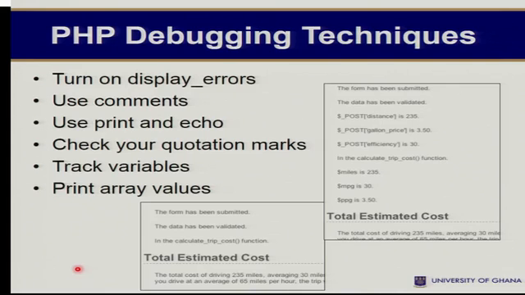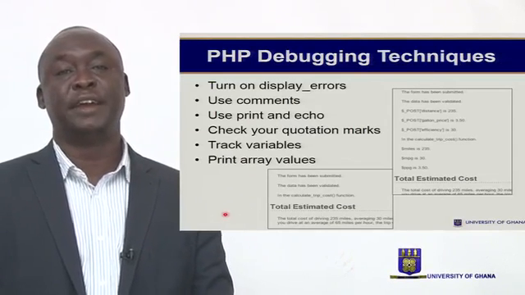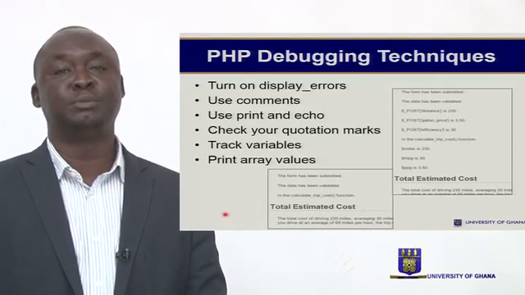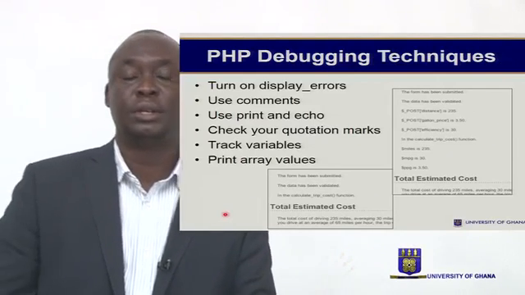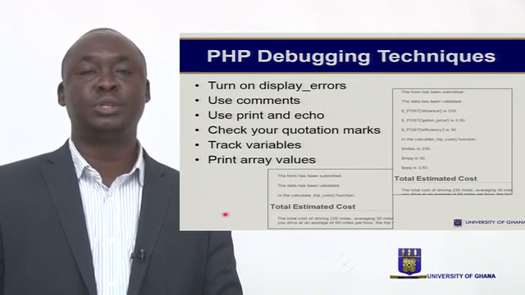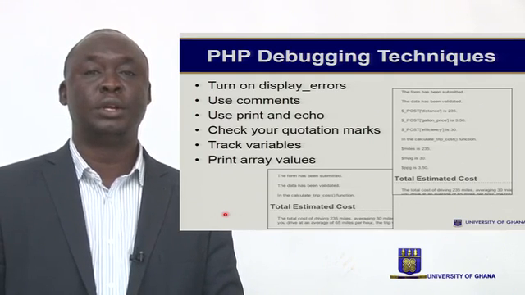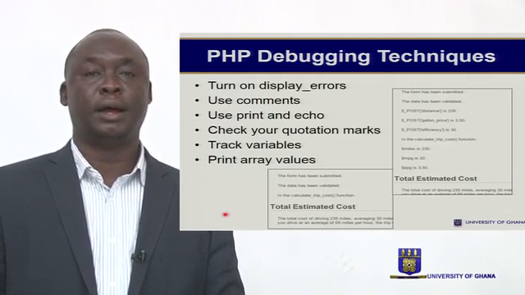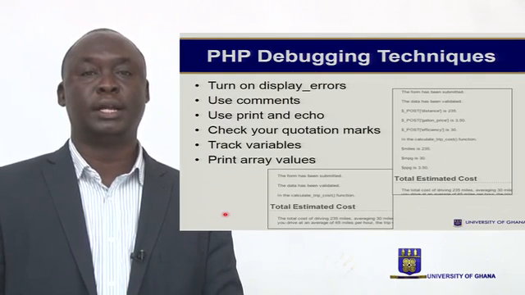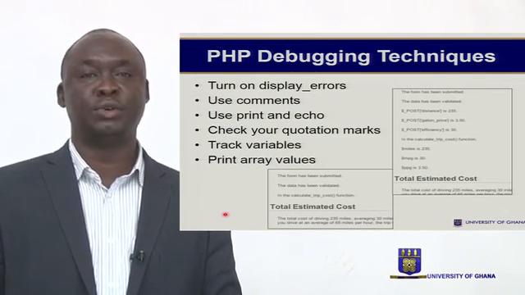So there are some techniques we employ to help us debug our PHP code. First, we must make sure that we turn on display errors. We must also set our error reporting directive to all, so that it will give us all errors that we come across in the code.